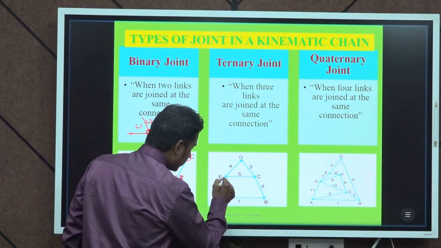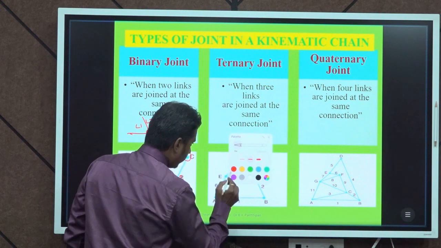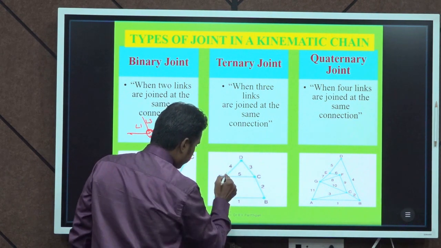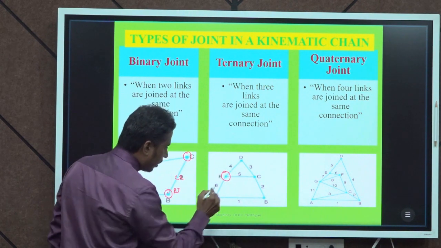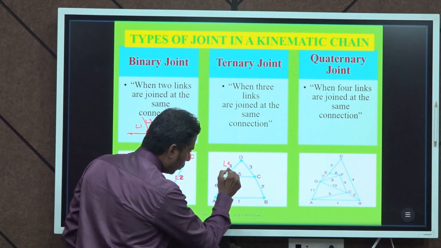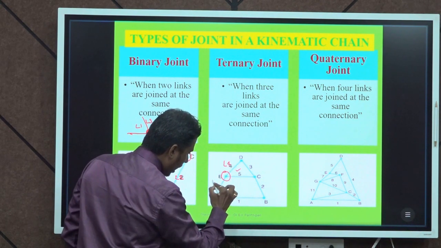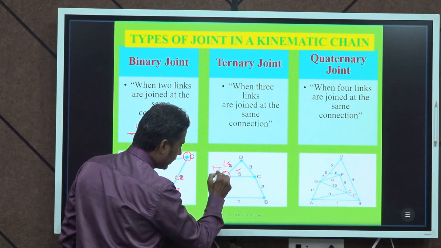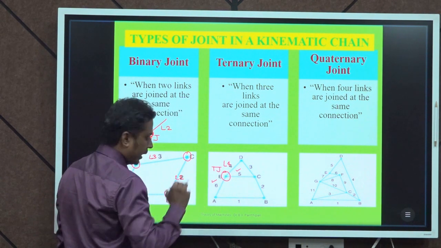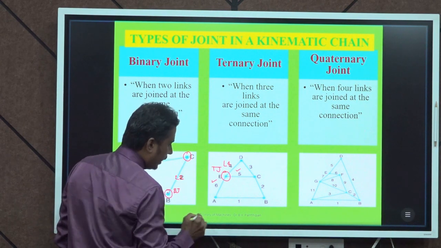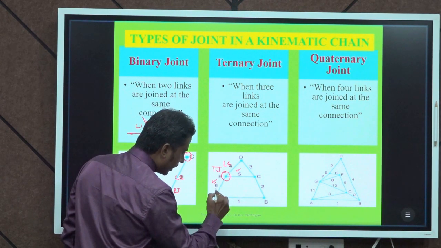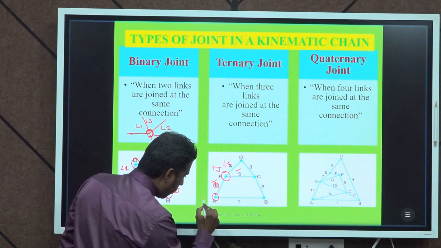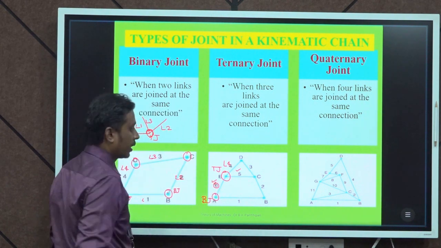So, in this case, at the point E, link 4, link 5 and link 6 are connected. So, this is known as ternary joint. Whereas, in case of point A, link 1 and link 6 are connected. So, this is known as binary joint.